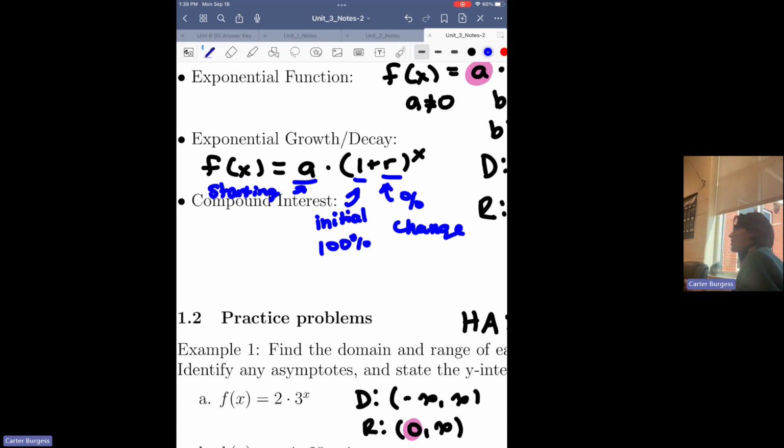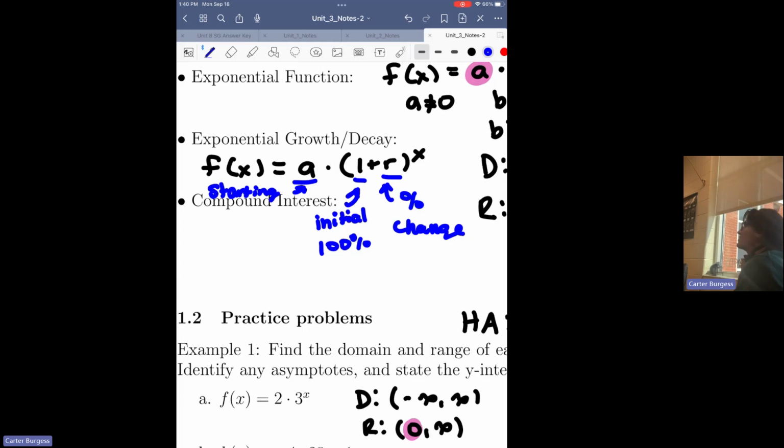1 plus R combines to be something very specific. A lot of people are really good at remembering that 1 when you are doing growth, and a lot of people are very bad at remembering it when you are doing decay.